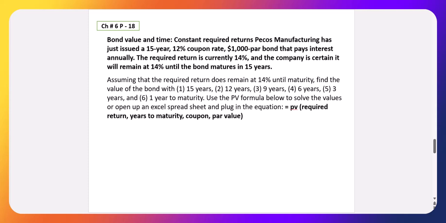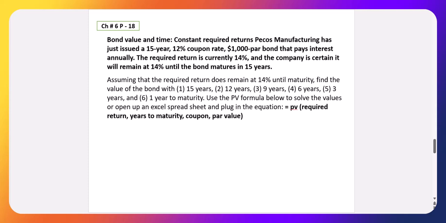Find the bond value at different points in time: 1, 2, 3, 4, and 5. So they have 15 years, 12 years, 9 years, 6 years, and 1 year.